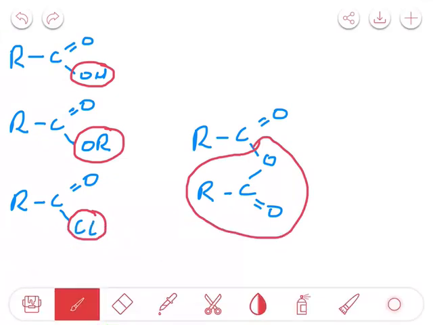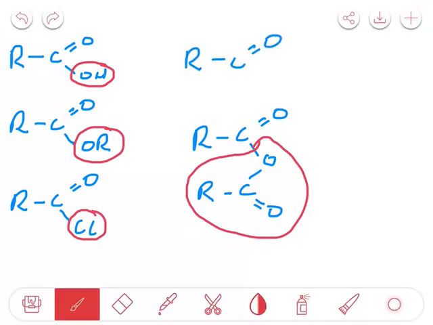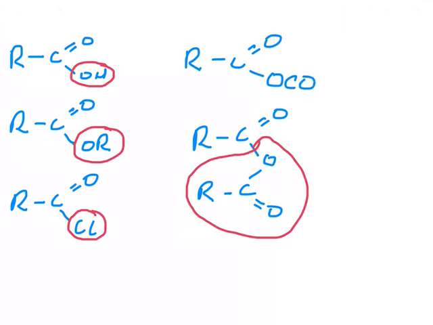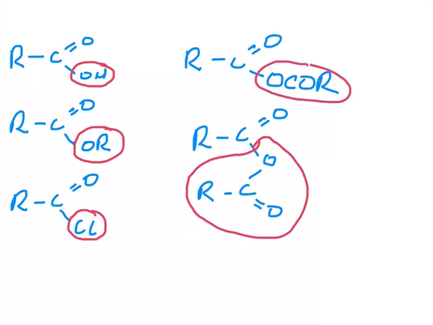You'll often see this, probably easier to see, as RCO, then O, then CO, that's the carbonyl, and then R, and you can probably see that's a little bit easier to look at when we look at this as a derivative.